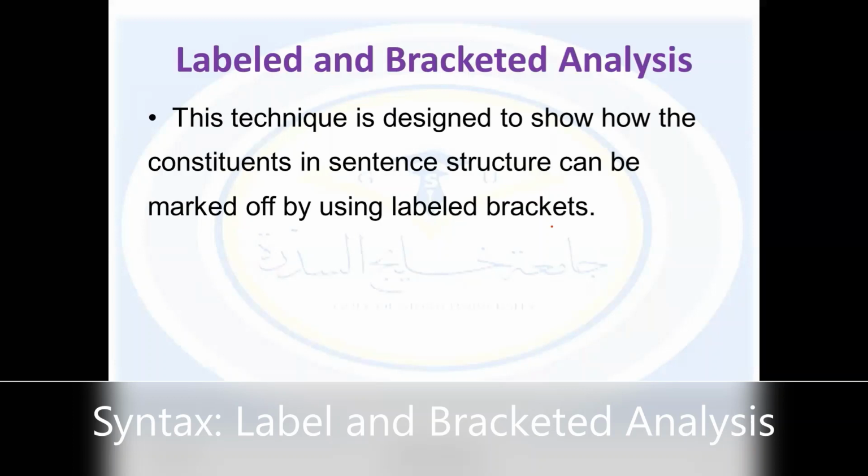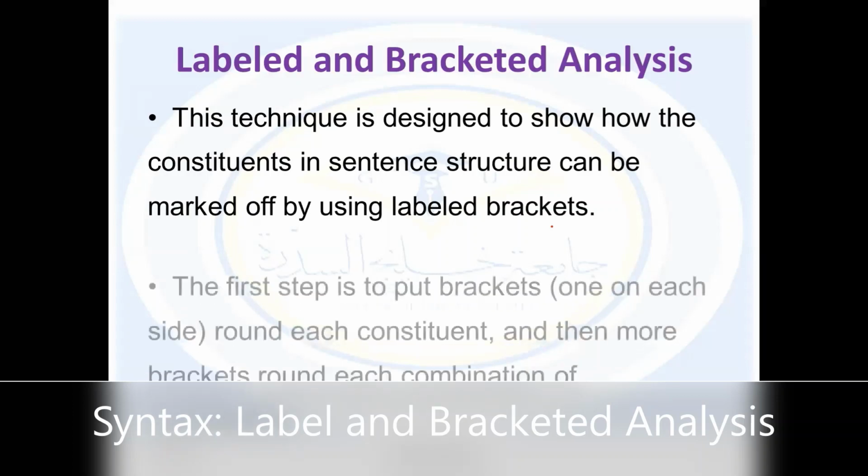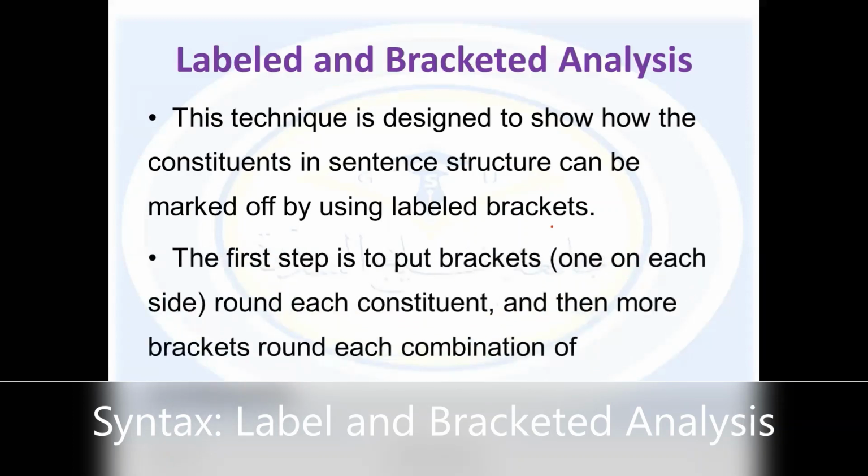That means here we have two things we should think of in this method of analysis: labels and also brackets. So we need to know more about them. Okay, so we have some description of the way of analysis.